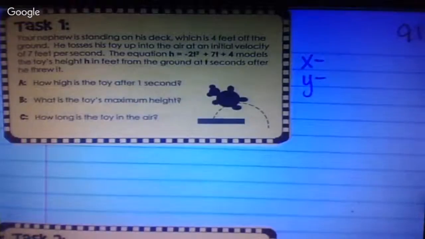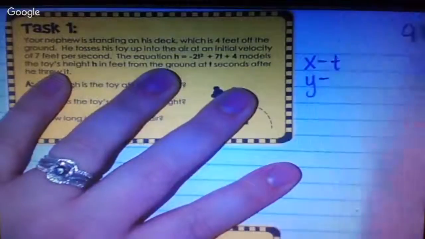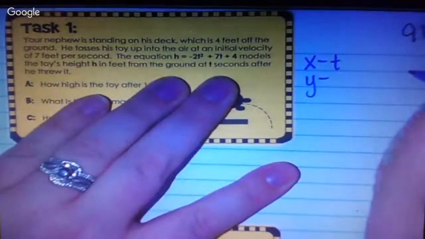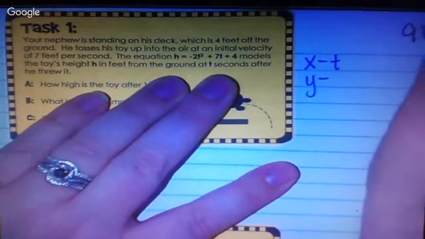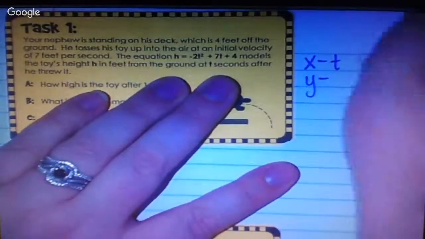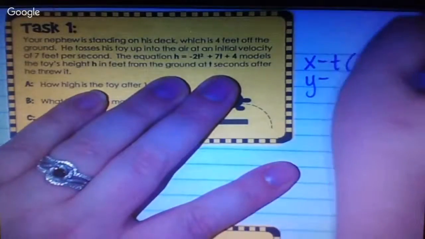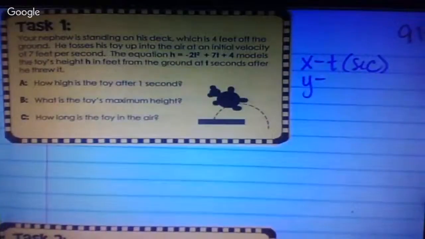The t. Okay, it's x squared or x, which is now replaced with t. And t is what now? What does t represent in words? What does t stand for? Seconds. Time in seconds. Okay, so we're talking time in seconds.